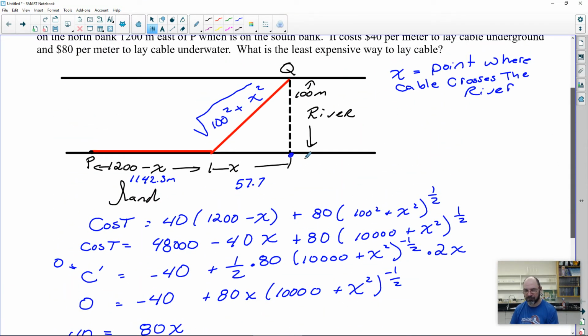We can label that, say we'll call that T, labeling it west of T. So there's a couple different ways.